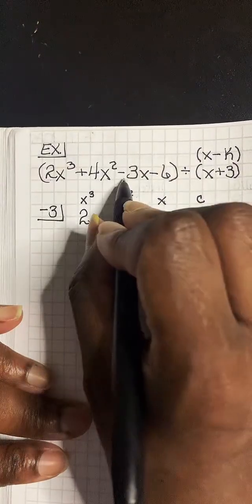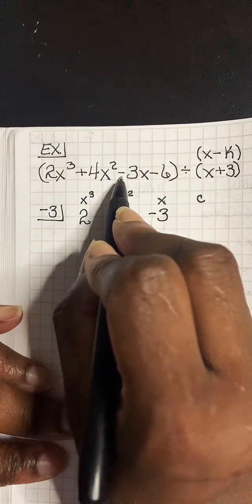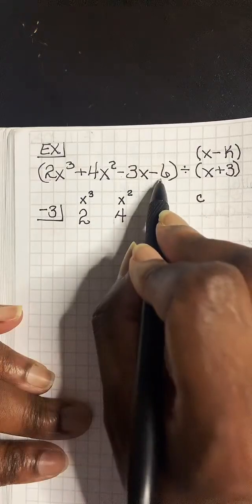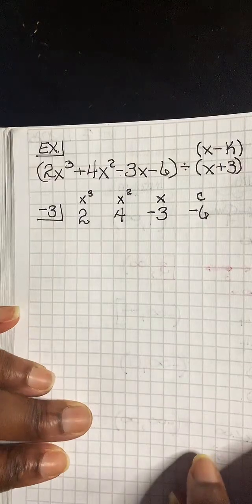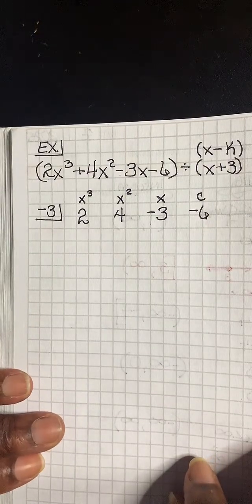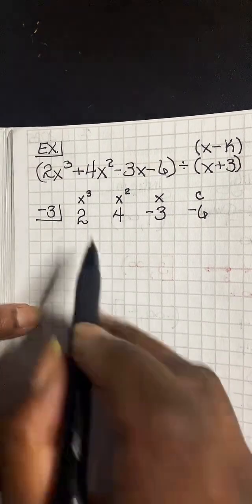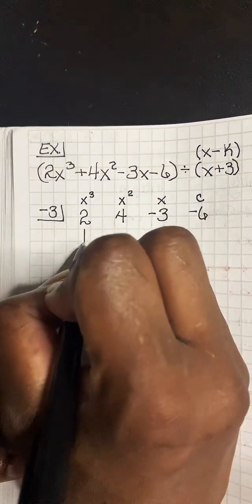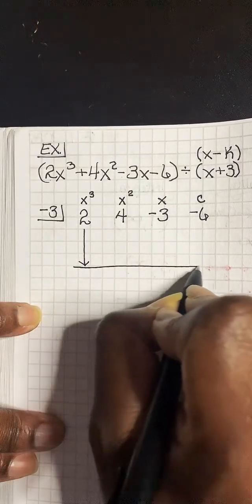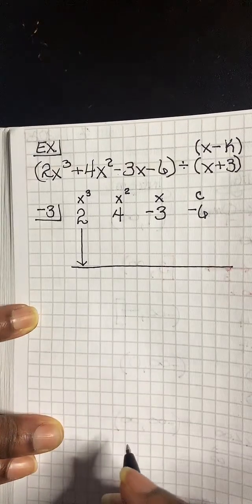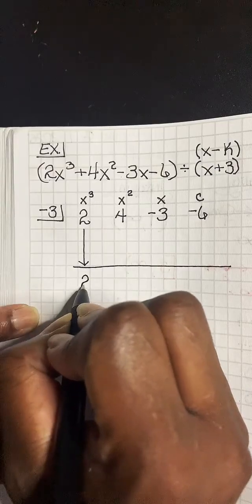For the x, I'm going to put the negative 3, because that minus acts as a negative. Same with the constant, a negative 6. Okay. All right. So now, we always start with the first one coming all the way down. So the first term comes all the way down, so that'll be my 2.